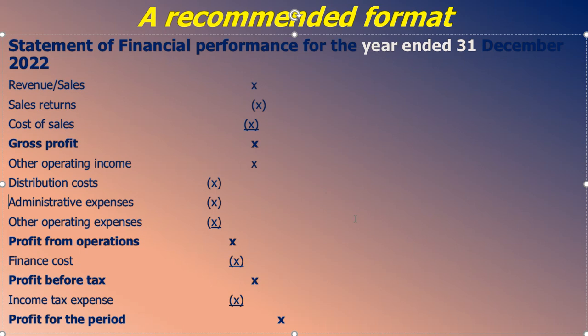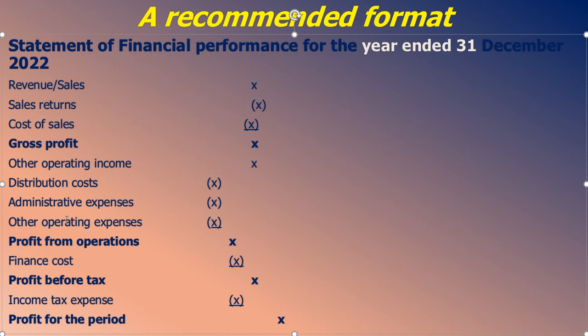Then you total up the expenses here and you less them from the figure we got here of gross income. What you get is referred to as profit before interest and tax, or it is called operating profit.